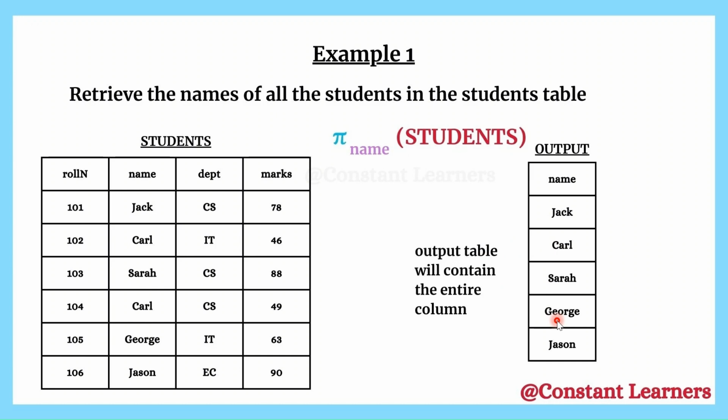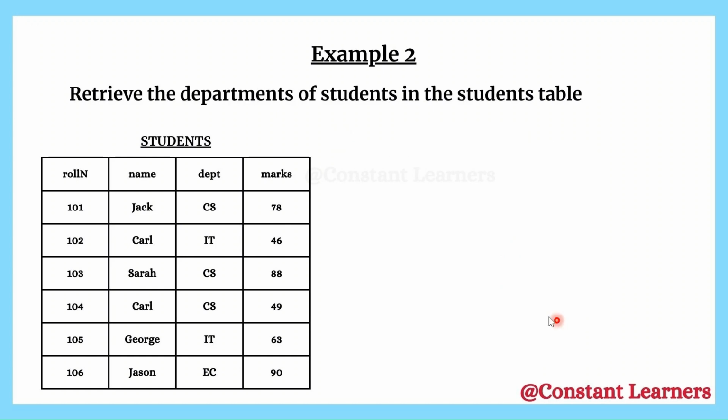In the second example, we need to retrieve the departments of students in the students table. Now here in the department column, we have only 3 unique entries, that is CS, IT and EC, right? So let's start with writing the query. In the query, we start with pi, that is project.